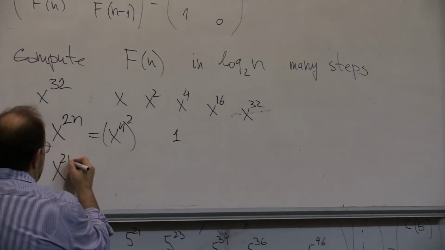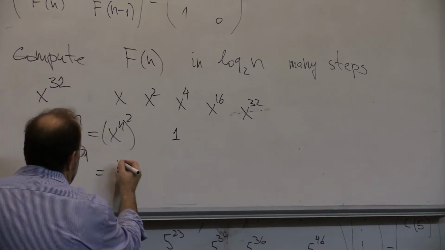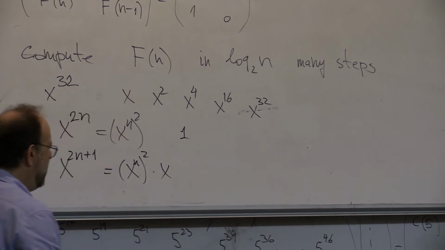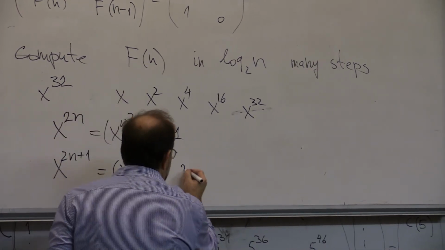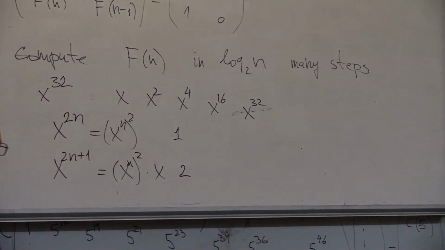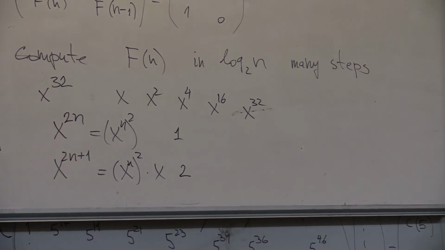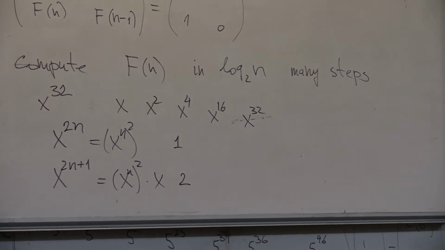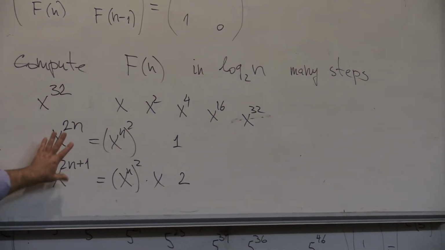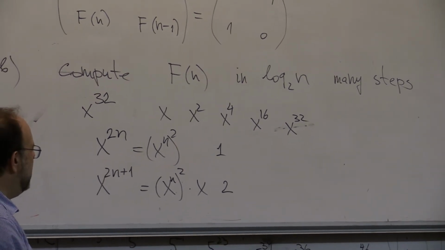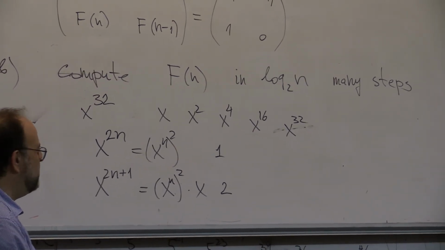And x to the 2n plus 1 is equal to x to the n squared, and then times x. And for this, we need 2 multiplications. So depending on what n looks like. So which n is the hardest to takes the most multiplication?